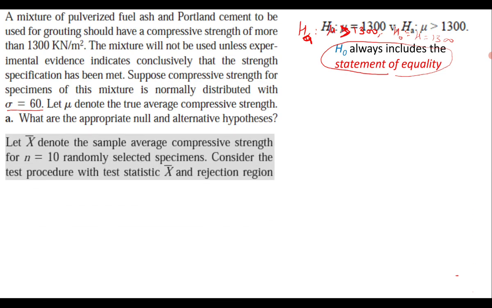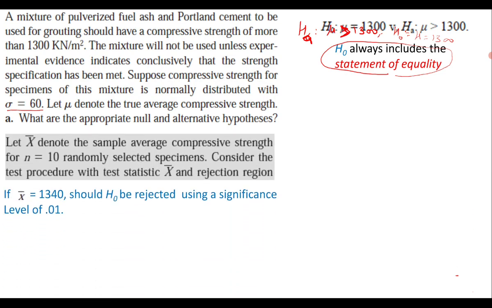Now let's read the next part, which says that x bar is the sample average and n is 10. If x bar is 1340, should H naught be rejected using a significance level 0.01? So there is one more concept: when do we reject H naught when the significance level is given.